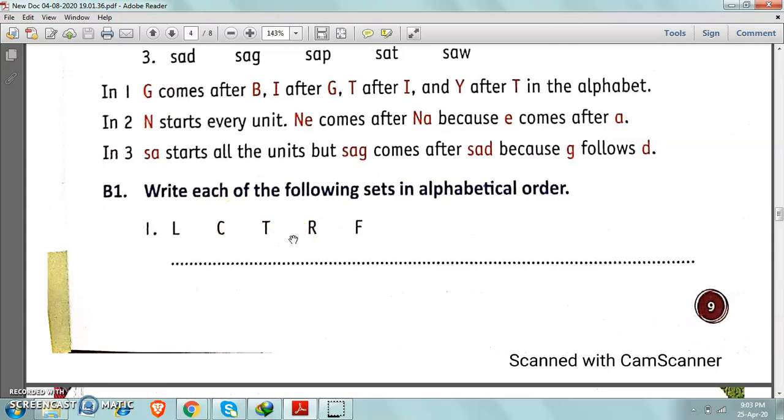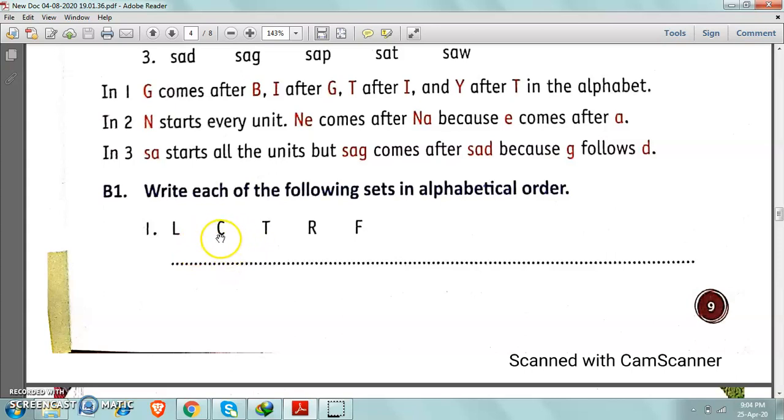A, B, C. See here, A, B is not there, C is there. So write C. Then after C, L, T, R, F. You will write F. Then second number F, because from these all F comes first.